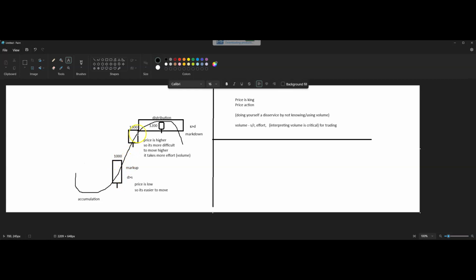So as the market is going up, as the demand greater than supply relationship breaks down towards supply being greater than demand, there is a change. There are clues and elements of change, and one major one is effort. It is distributive in nature.